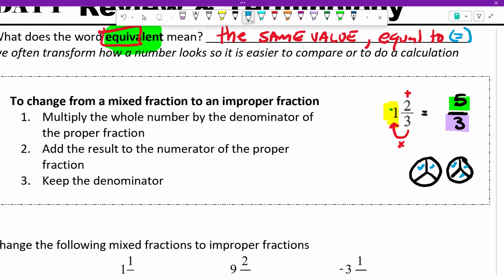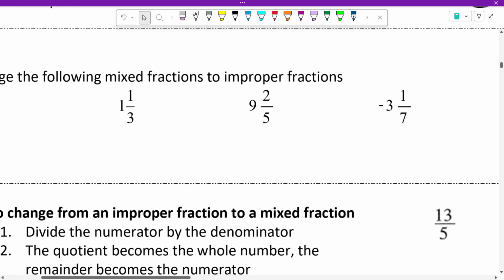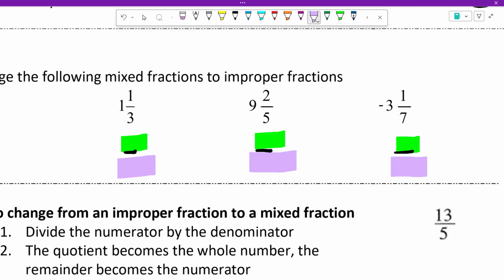So let's practice this. All right? So we want to practice converting. We have 3 fractions we want to create. 1, 2, 3. We're going to have a top number, our numerators, and we have a denominator that we need to figure out for each one of these. So the denominator never changes. So it's 3 to begin with, so it's going to be 3 there. 5 to begin with, it's going to be 5 there.